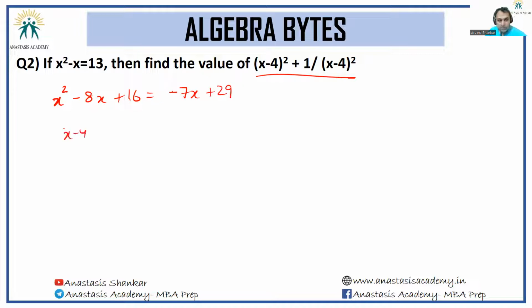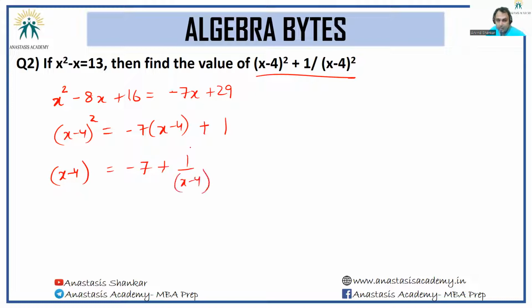Okay, so I get x minus 4 whole square is equal to minus 7x minus 4 plus 1. Now divide every term by x minus 4. I get x minus 4 is equal to minus 7 plus 1 by x minus 4. I take this to the other side. X minus 4 minus 1 by x minus 4 is equal to minus 7.